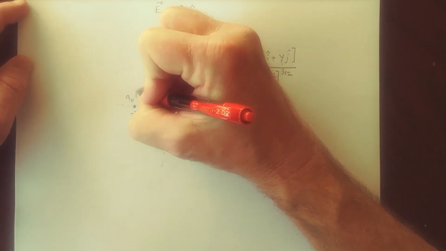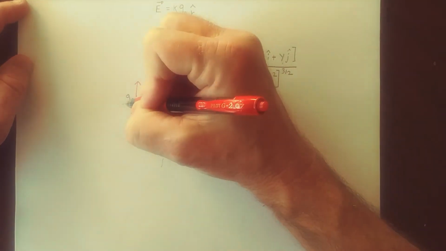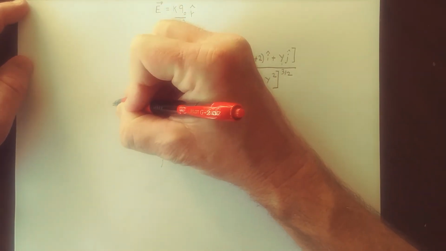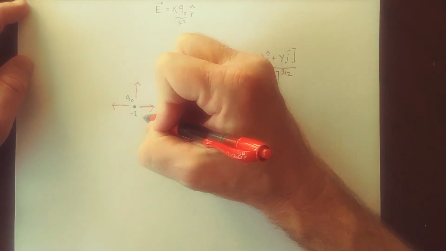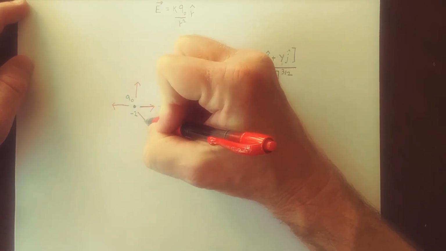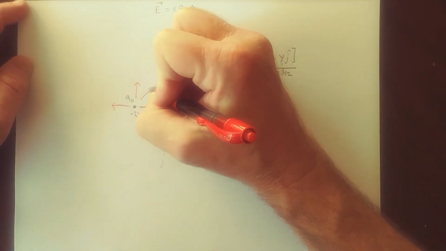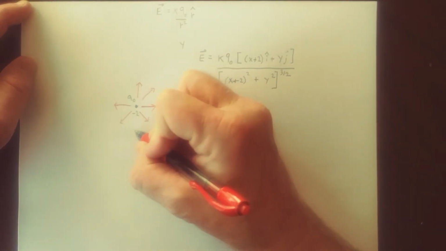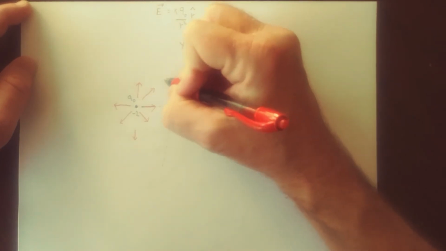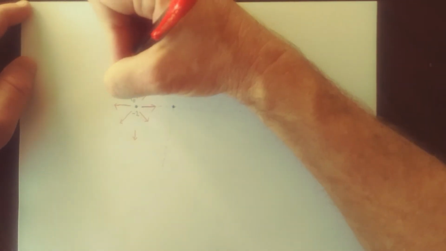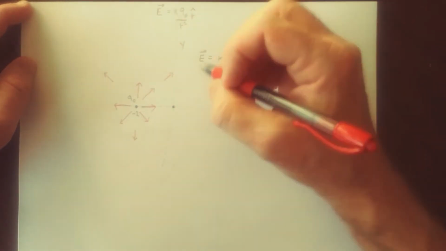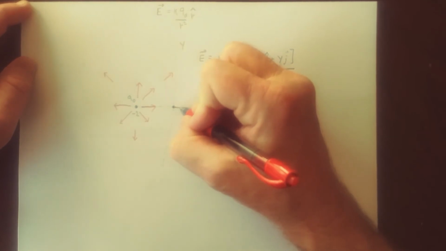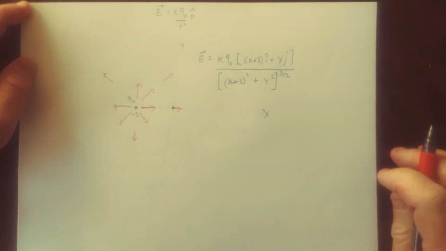Over here it would look like that. Try to make these arrows about the same length. There it would look like that. Over here it would look like that. And so on. And if we move further away, the arrows should get smaller. Let's just draw a few of them like that. And at this location it needs to be pointing to the right.